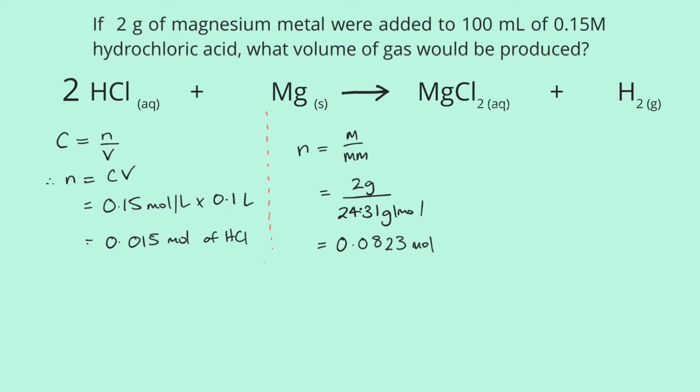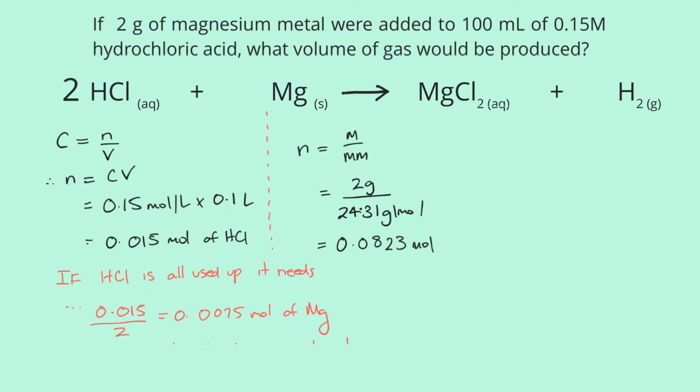So we're going to look at the hydrochloric acid and say, if the hydrochloric acid is all used up, what it needs is 0.015 moles of HCl divided by 2, because we've got a 2-to-1 relationship between HCl and magnesium.